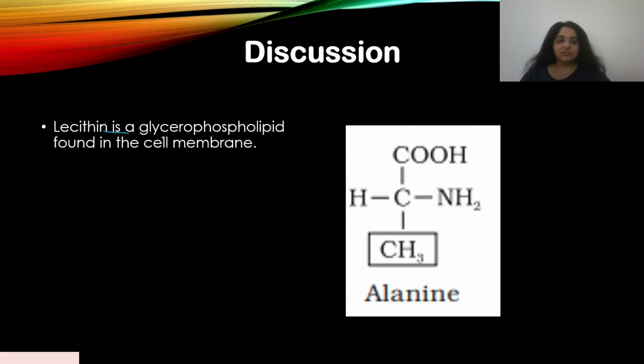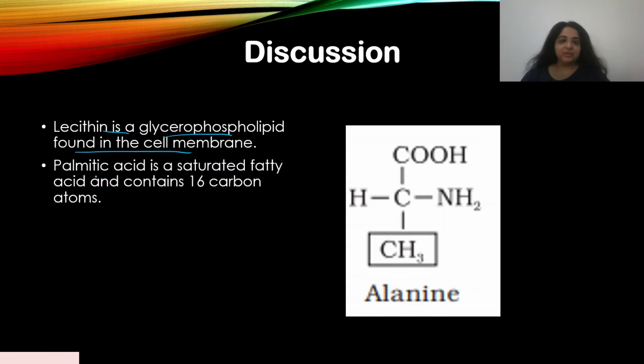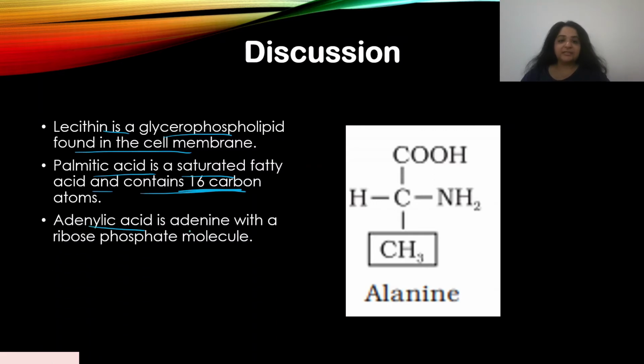Okay, so lecithin is a glycerophospholipid found in cell membrane. Already discussed lecithin. It has a choline group attached to the phosphate molecule and is found in the cell membrane. Palmitic acid is a saturated fatty acid and contains 16 carbon atoms. Adenylate acid is adenine with a ribose phosphate molecule. Adenine is the base with the ribose phosphate molecule.